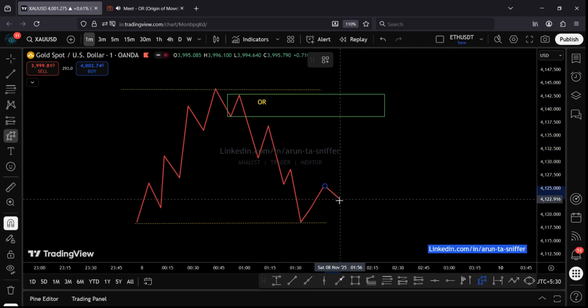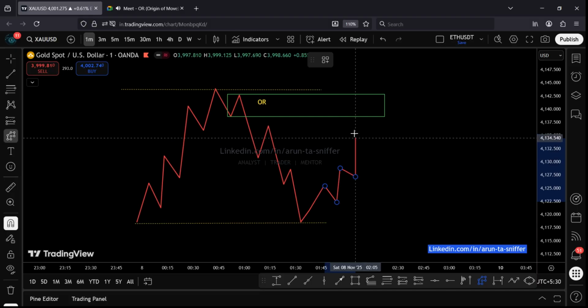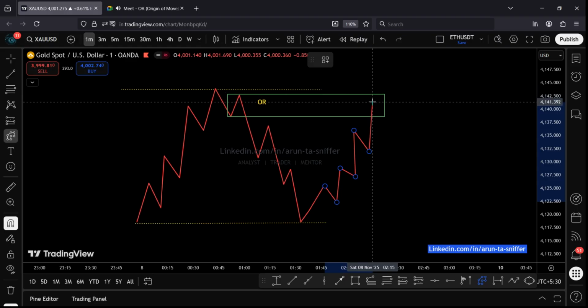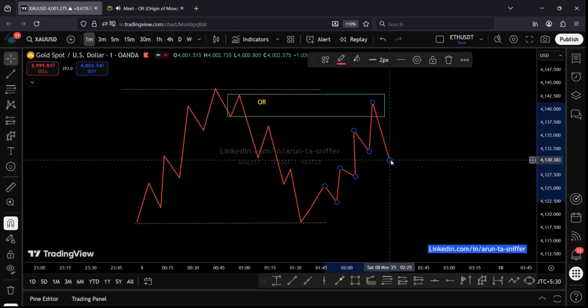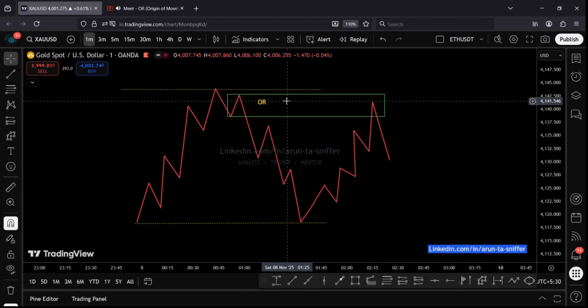So if there is OR, price will go up, come down, go up, come down, go up, and we will see a less retrace here when we have OR, only origin of move, not ORFL.